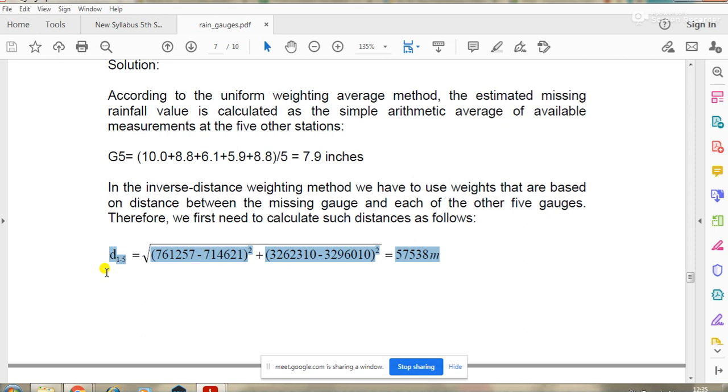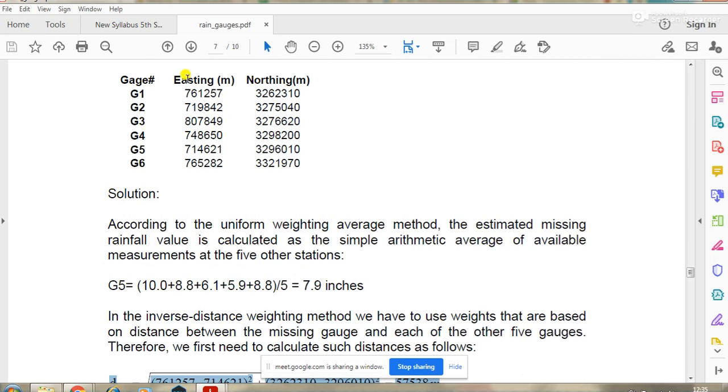Now, how to get the distance? We already have the easting value and the northing value. When you go for the trigonometrical formula, we understand that it is the distance between the eastings and the distance between the northings, and the root of that.